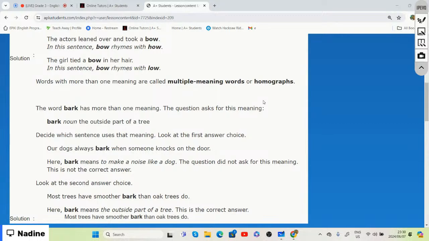So the dogs bark at the cats. So that is bark, a noise that the dogs make. So here we have the word bark, and this bark has two meanings.